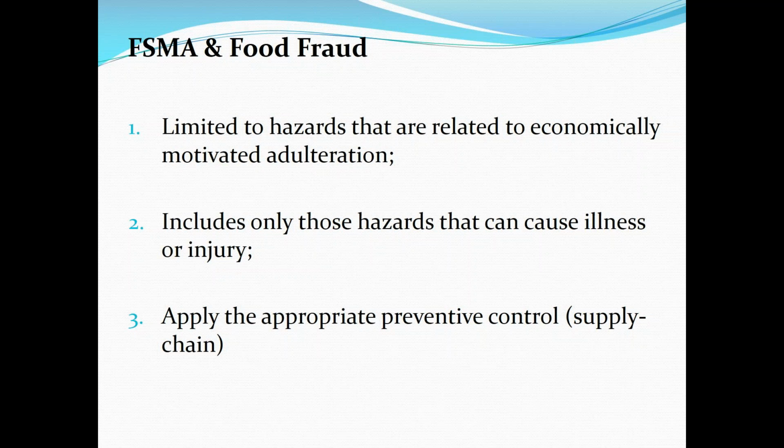So if it is not going to cause illness or injury, it's not a hazard as far as FSMA is concerned. You have to include only those hazards that can cause illness or injury. And when you identify such hazards, you may have to come up with appropriate preventive controls. More often, the preventive control for identified hazards, economically motivated adulterants under FSMA, is supply chain control.